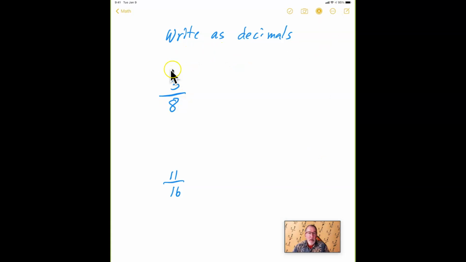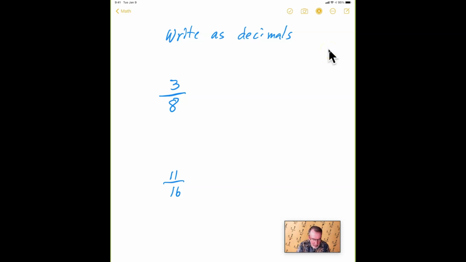So I've got the problems written out here. We're writing 3/8 as a decimal. And the main thing to remember is any decimal can be written as a fraction, and any fraction can be written as a decimal. And the way we do that is we can read this as 3/8, and there's always implied division, that 8 is being divided into this 3.